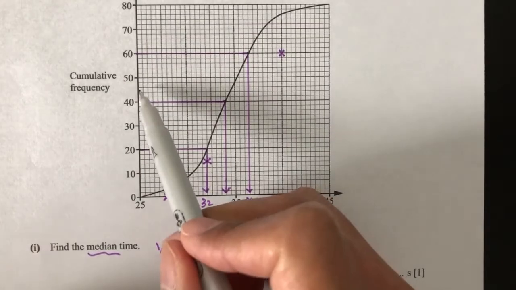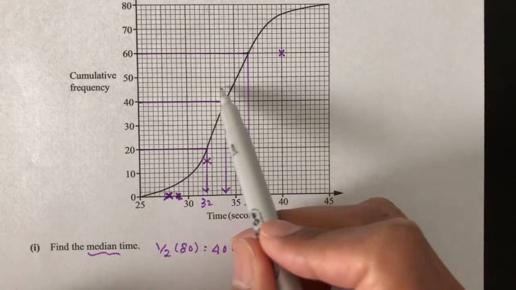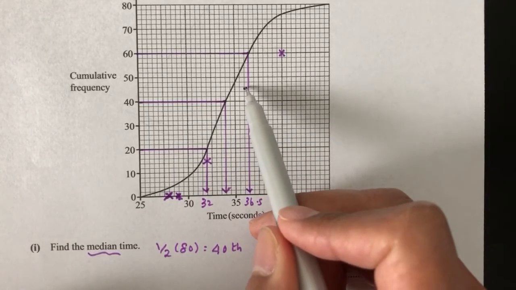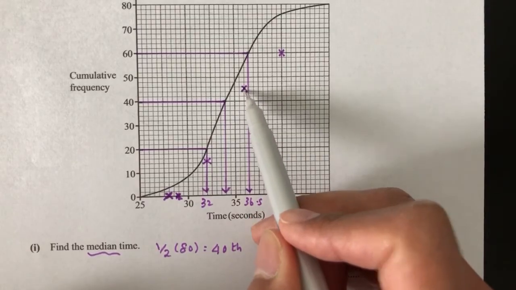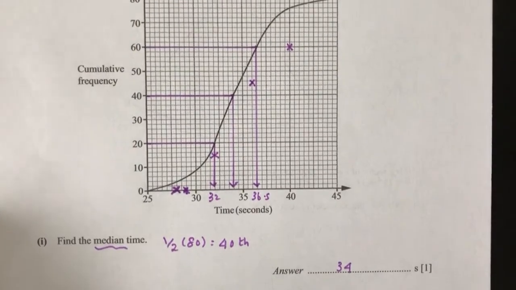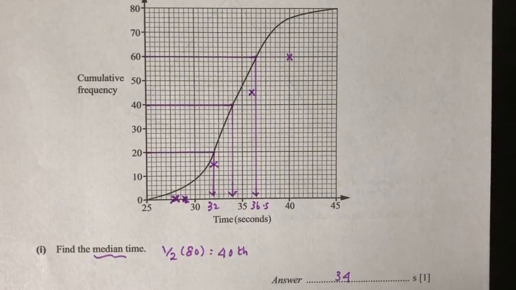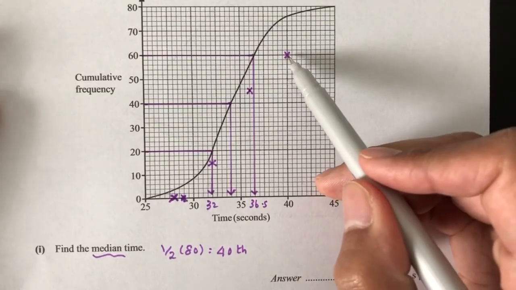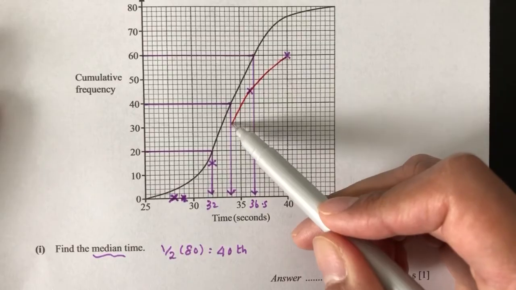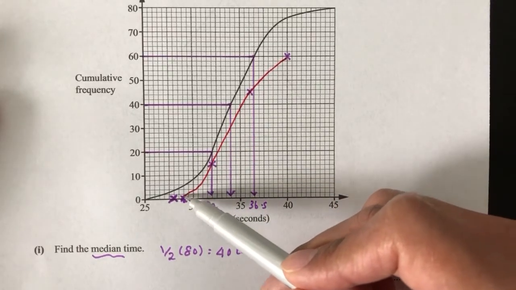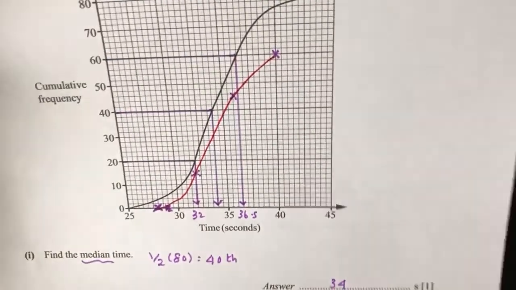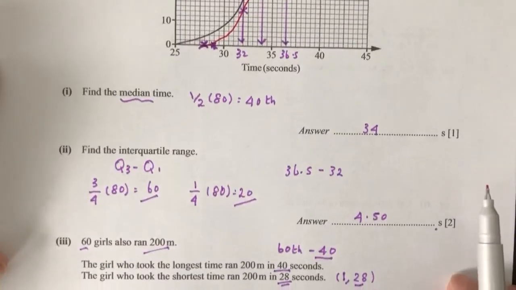So 45 is between these two, equal to 36, will be on this line. Okay, and that's it. Now draw the curve by joining all the points for the girls. So this is the first point here. As you can see, this is the curve for the girls. That will be your answer for part 3.